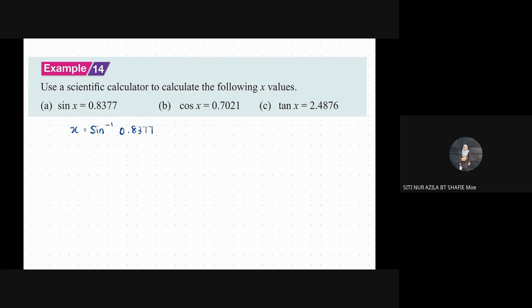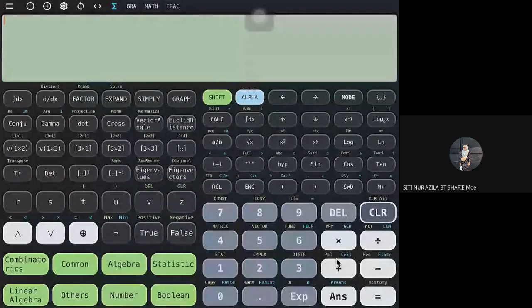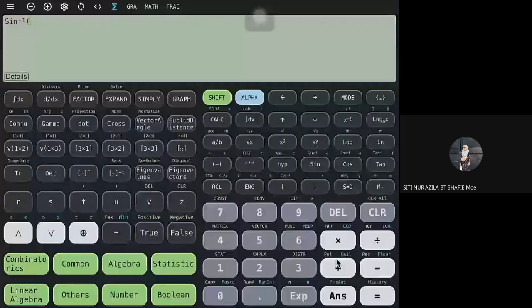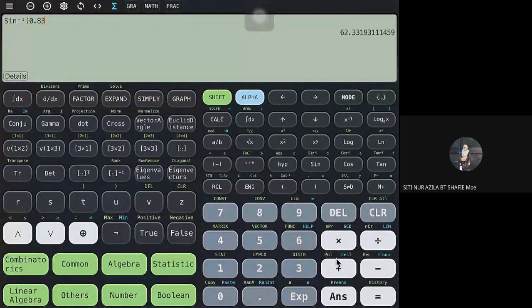So to use your calculator, we need the shift button. Press shift and then press sin. There you have sin -1. Shift, sin, -1, and then insert the value that you want, 0.8377.